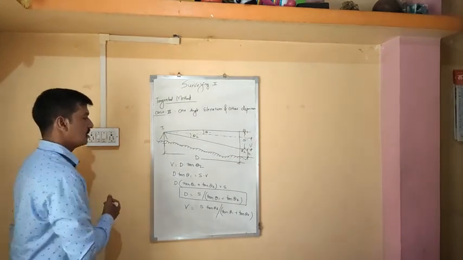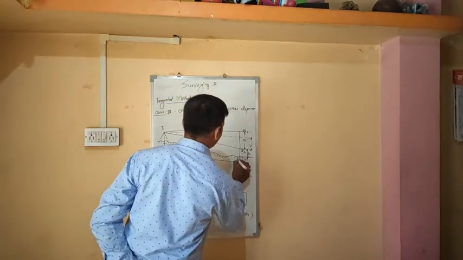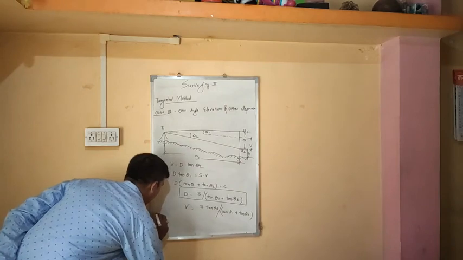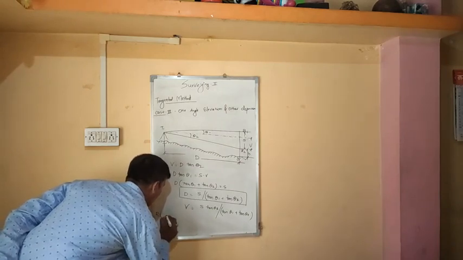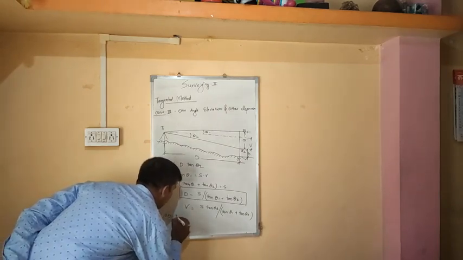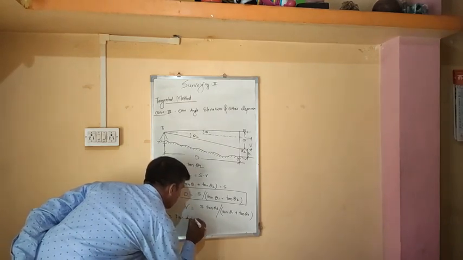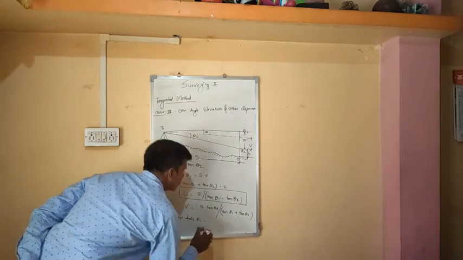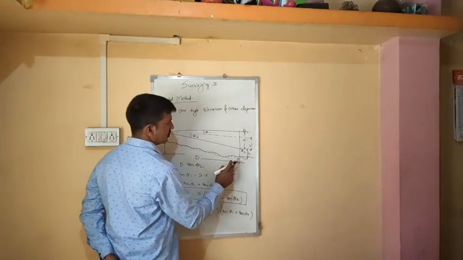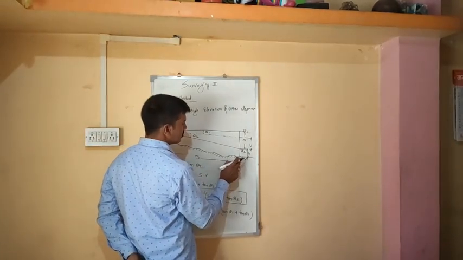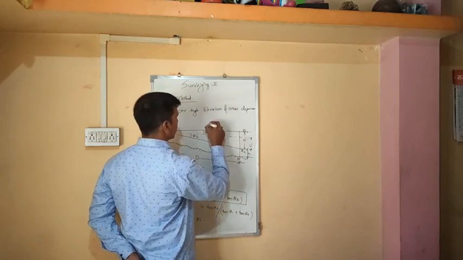To calculate the RL of this point, say this is O, the RL at point O will be the instrument axis RL. Students, can you guess? The instrument axis RL is over here. I will write it again here.